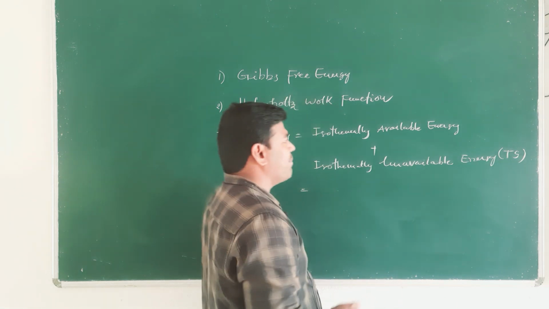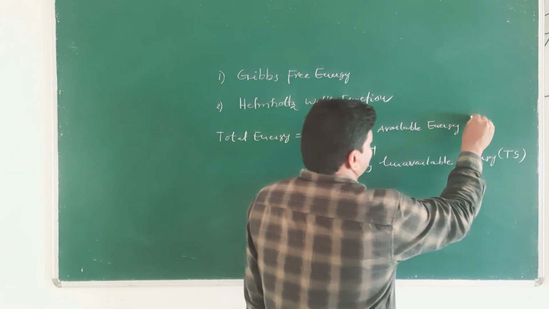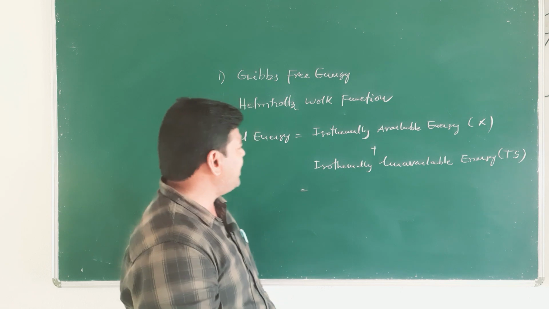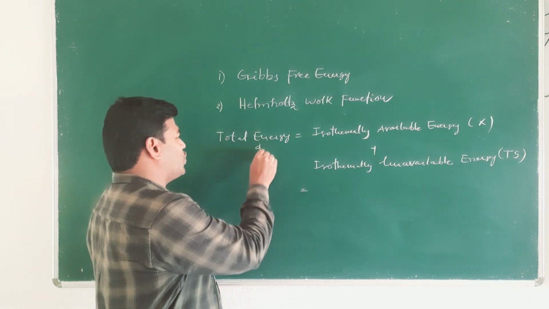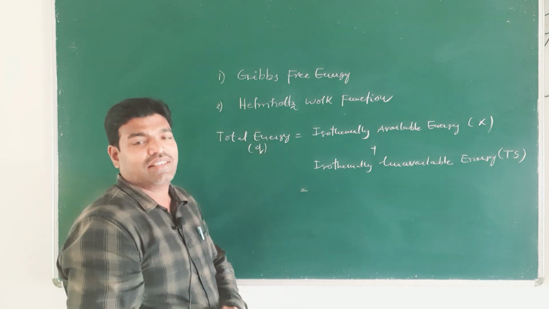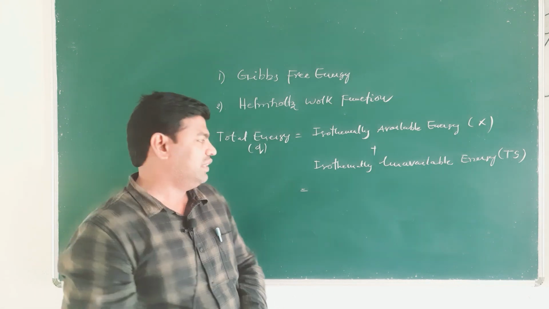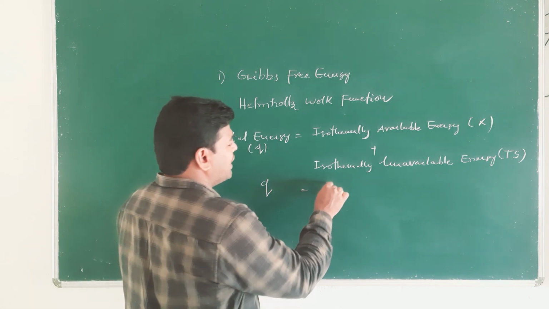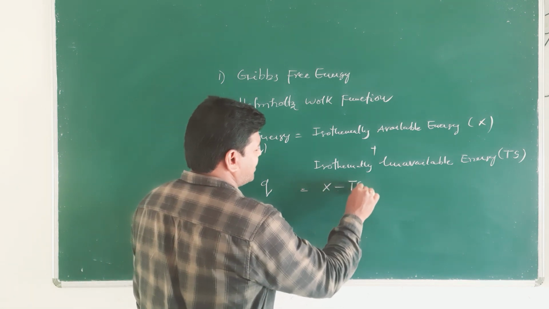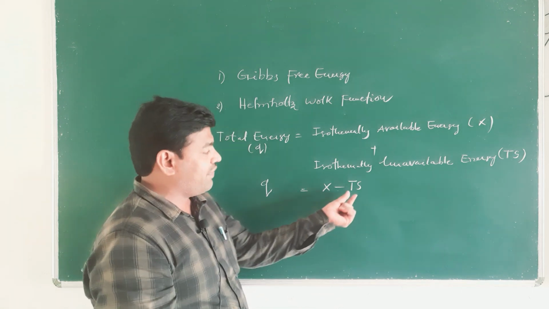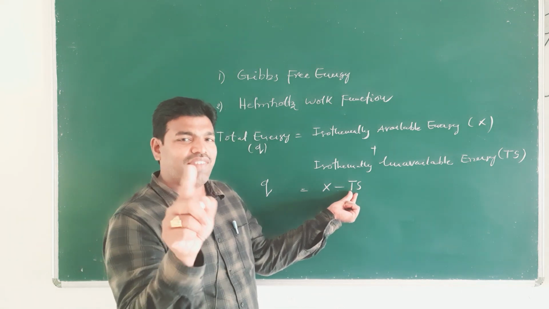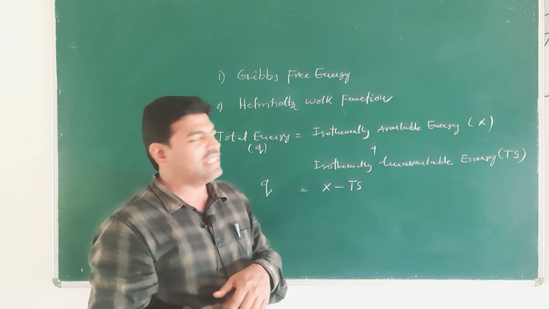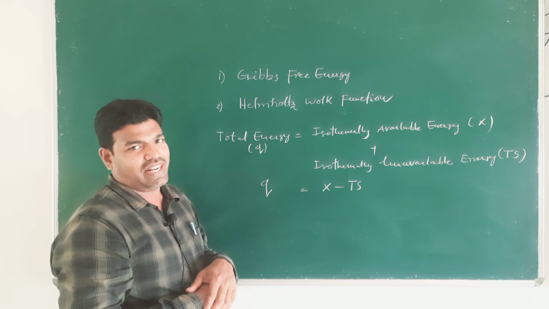Let us say isothermally available energy is X, and total energy is Q. Then this equation takes the form: total energy Q is equal to X plus TS, where TS refers to the isothermally unavailable energy, X refers to the isothermally available energy, and Q refers to the total energy.